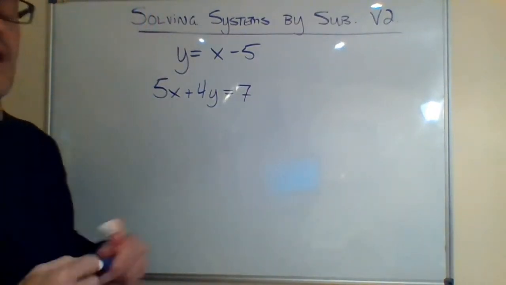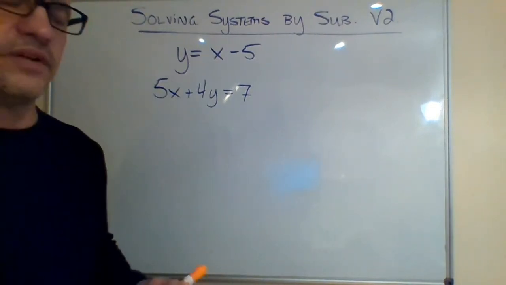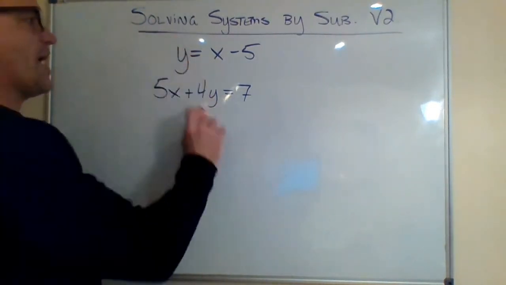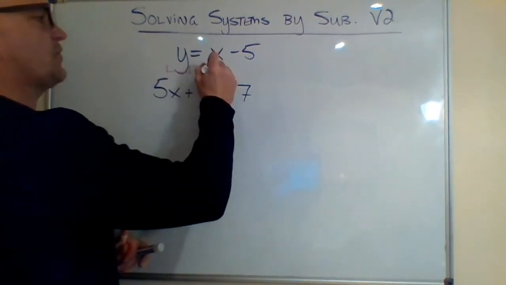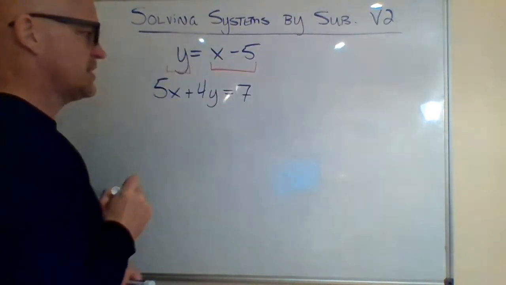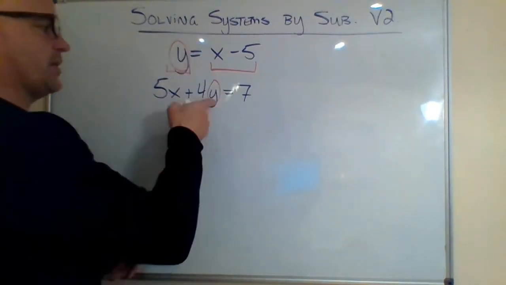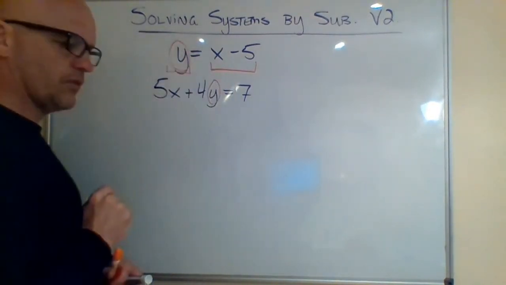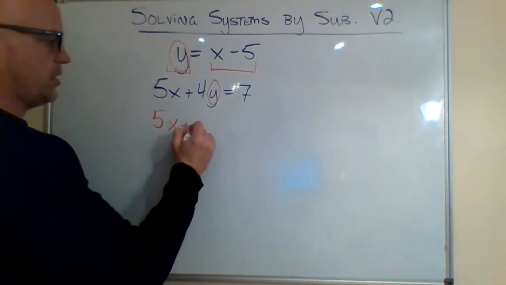That one, of course, is a lot like the last one. So, again, we're looking for that point of intersection. That means the y's and the x's have the same value. This guy says that y equals x minus 5. If I'm looking for the point where these y's have the same value, I can replace that y with what this one equals. So I'm going to have 5x plus 4.